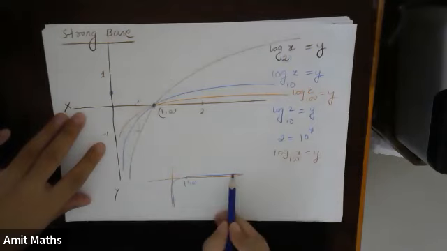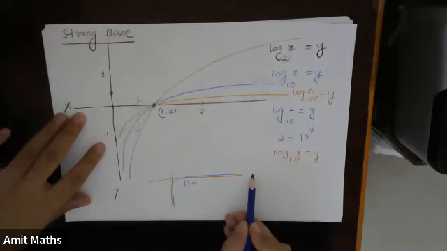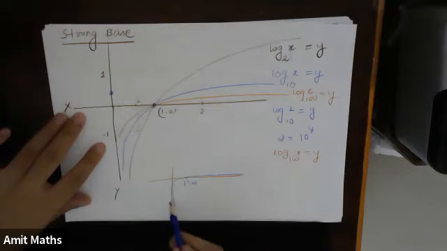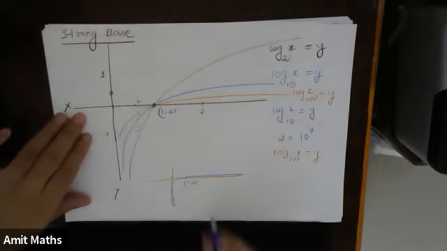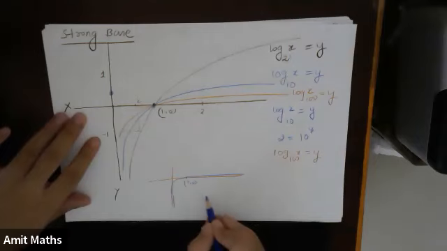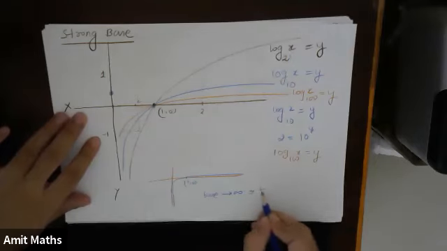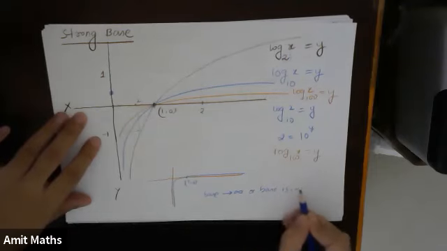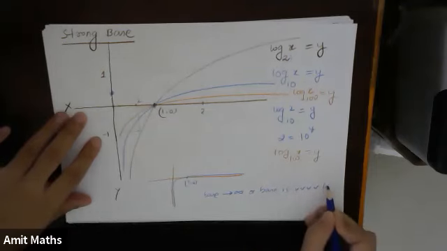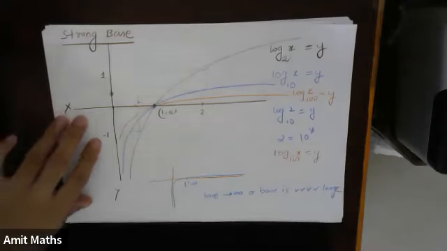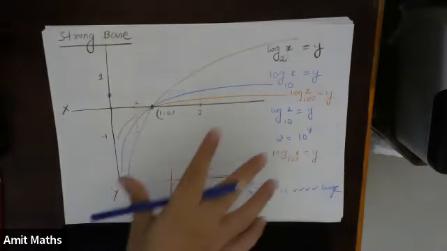But remember, this line will never touch the x-axis, and this line will never overlap the y-axis, but it will almost be parallel. This is if the base is tending to infinity or the base is very large. Okay, I hope all of you have drawn this.